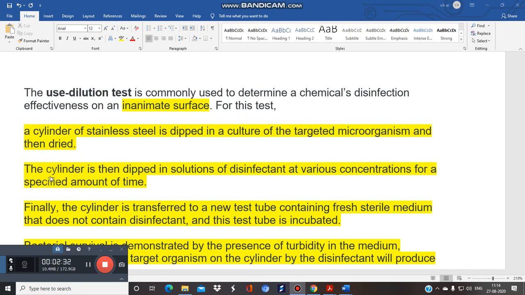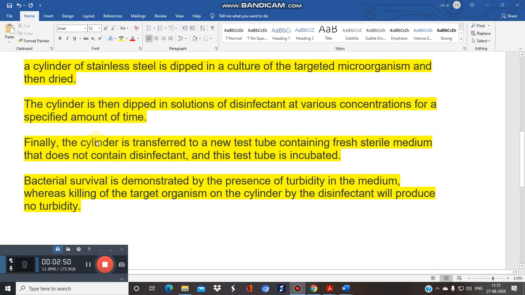Microorganisms are first trapped by the stainless steel cylinder. Then this cylinder is dipped in the solution of the disinfectant at different concentrations and different time conditions. Basically this just gives an overview of this test, that's why I'm showing you.